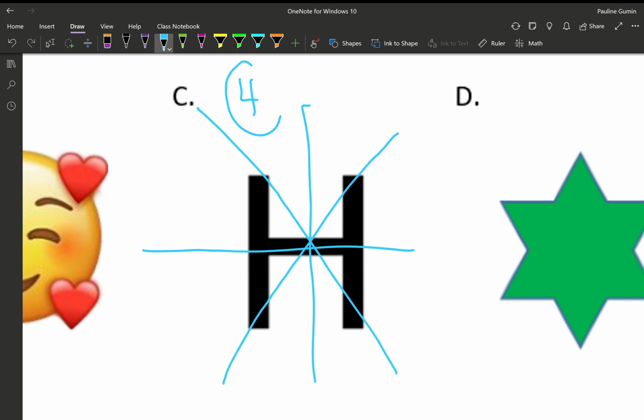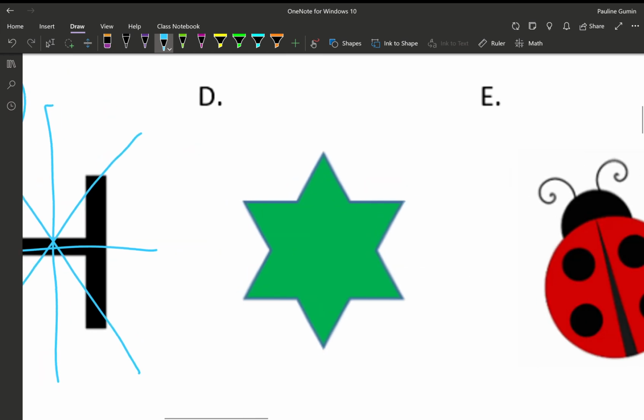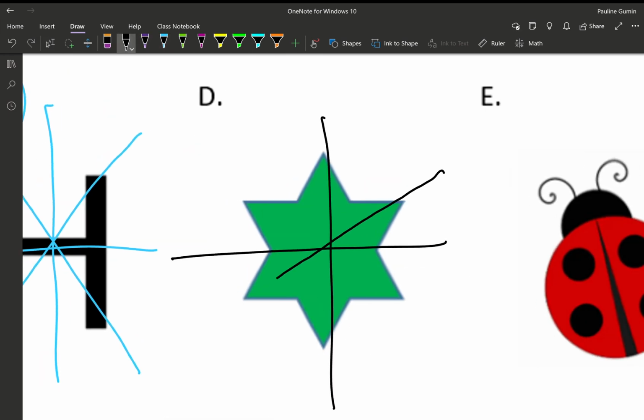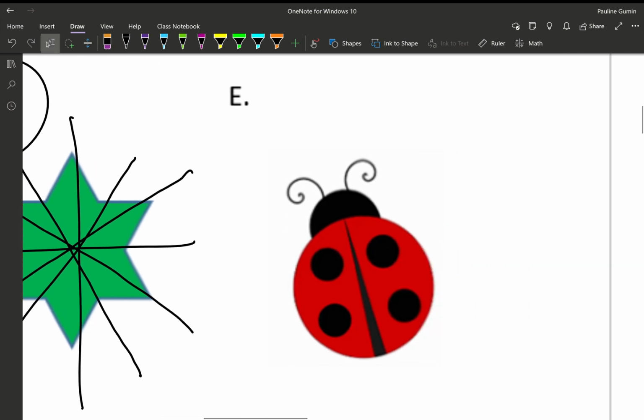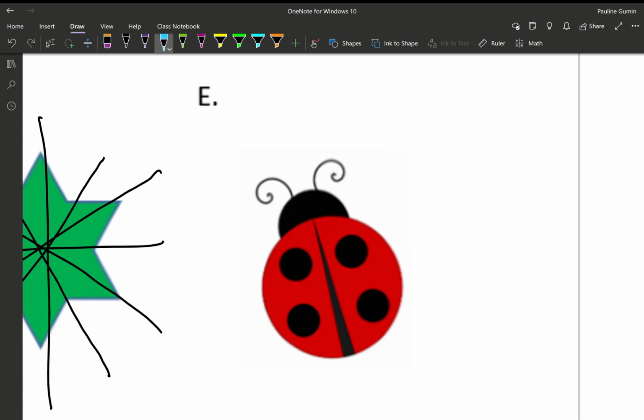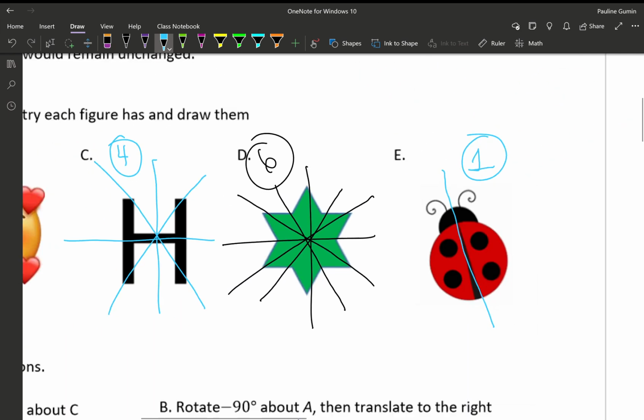All right, so 4. For letter D, I can think of 1, 2, 3, 4, and then 5, 6 ways of splitting this star into symmetric pieces. And lastly, for letter E, I can only think of one line to draw down the middle to split this into symmetric pieces.